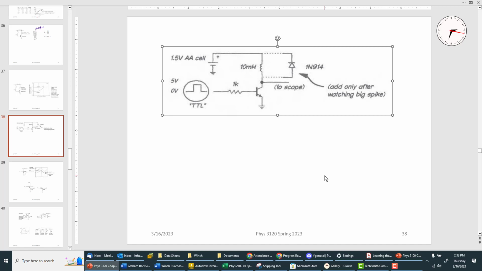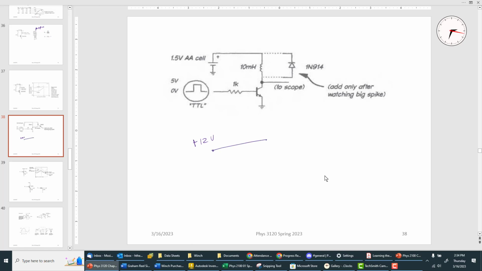All right, so there's a discussion at the end of the chapter about noise on the power supply, and call me over when you reach that point, and it walks you through trying to see if it's from a radio station or if it's from your power supply. And the technique is that if you have your plus 12 volts supplying voltage to something, you just put a capacitor to ground.